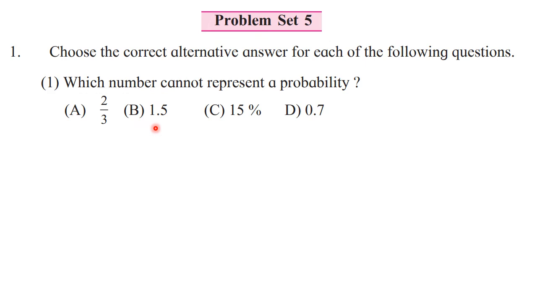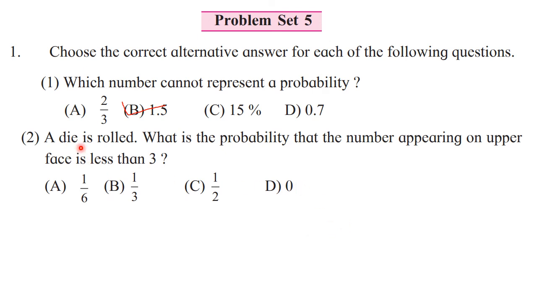Only this 1.5 is greater than 1, which is not possible in the case of probability. So we can say that option B does not represent probability. 1.5 does not represent probability. Okay, so writing this answer is very easy. Now let us go towards the second sum.